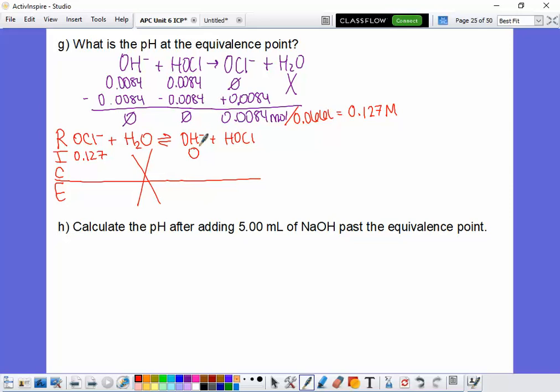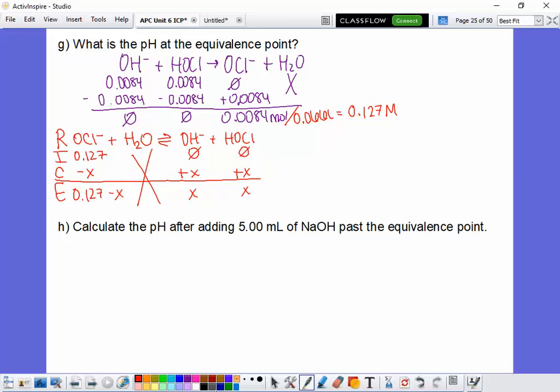But initially I have none of the OH minus and the HOCl. But some of it's going to be reproduced as OCl minus comes back to equilibrium in water. Okay, that's where it comes from. All right, so what are my changes? Minus x, plus x, plus x, x, 0.127 minus x.